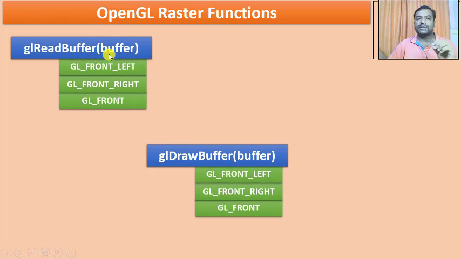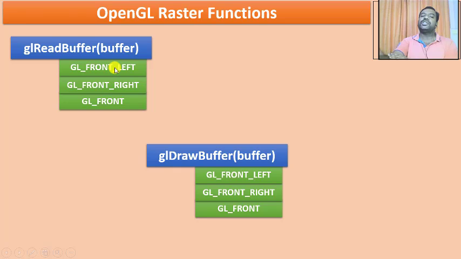Now this buffer can take any one of these as the parameter: GL_FRONT_LEFT, GL_FRONT_RIGHT or GL_FRONT. If you are going to have any stereoscopic view, there is a difference between GL_FRONT_LEFT and GL_FRONT_RIGHT.